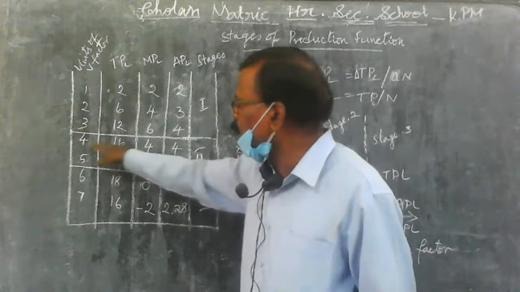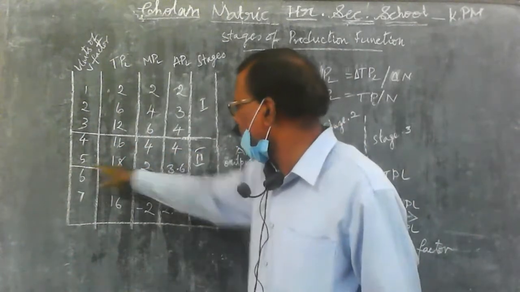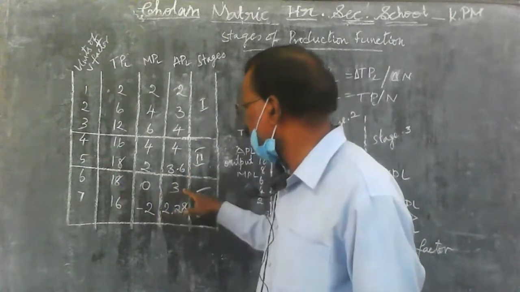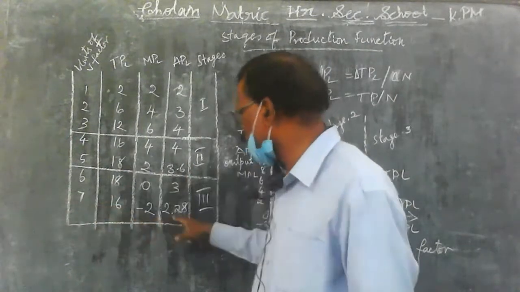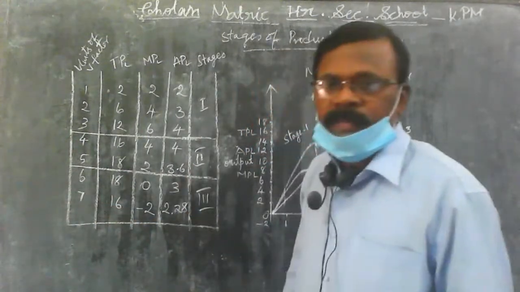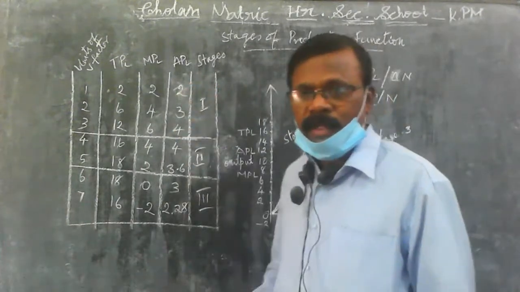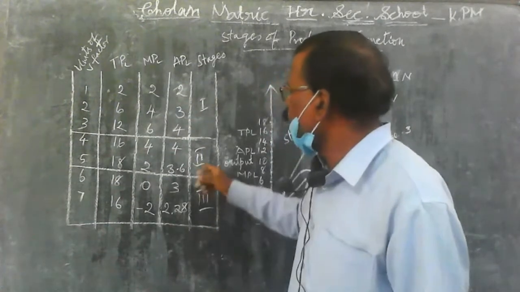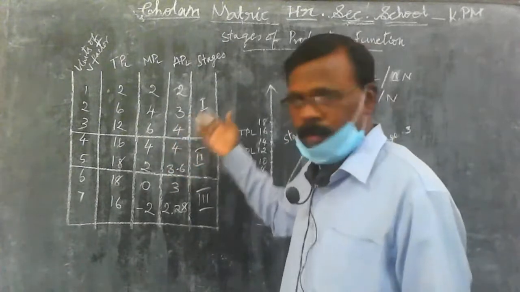Then 16 divided by 4, 4. 18 divided by 5, 3.6, 18 divided by 6, 3, and 16 divided by 7, 2.28. This is how average product is obtained. Are you clear? Yes. Now let us move on to the next level of this production function.